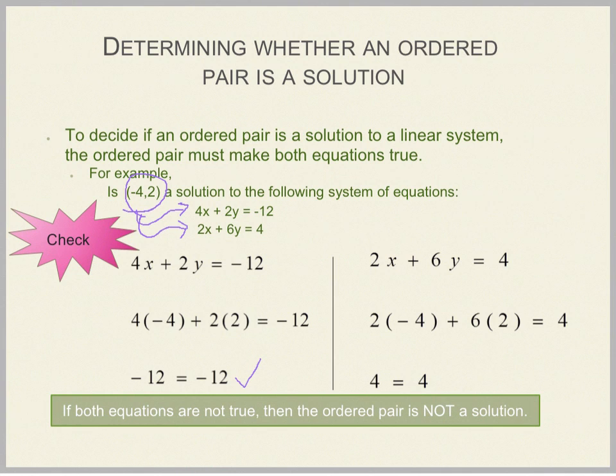Likewise, in the second equation, we end up with a true statement, 4 equals 4. Because of that, we know that the point negative 4, 2 is a solution of both of the equations. Therefore, it is the solution to the system of linear equations.